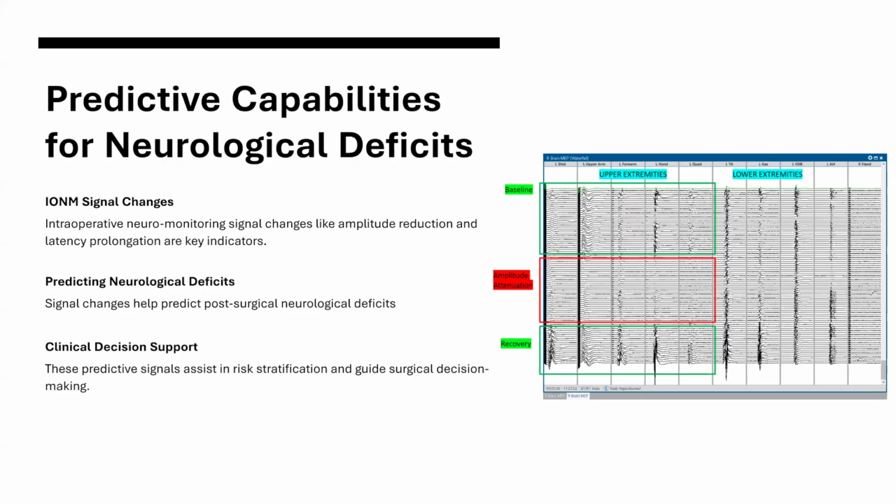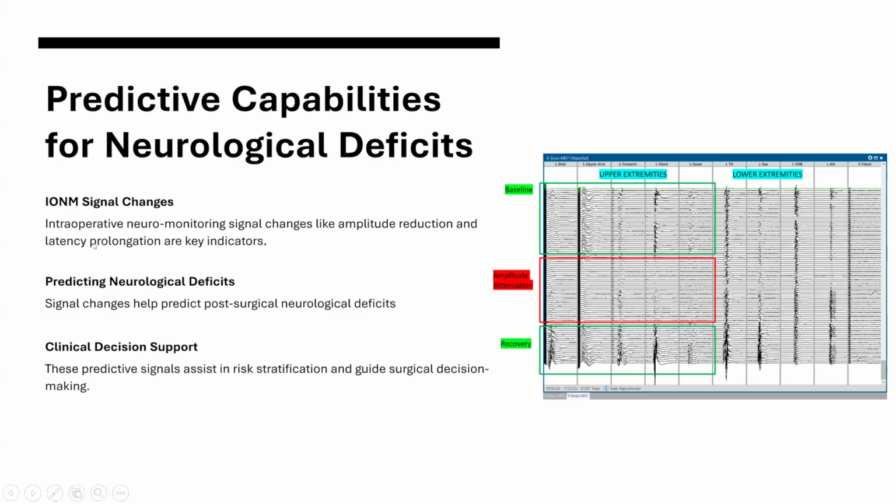Now, these changes can help predict postoperative neurological deficits. And when we have these changes, being timely and prompt, we're able to alert the surgical team, who can then make intraoperative decisions to either hopefully reverse the change or at least not make it any worse.